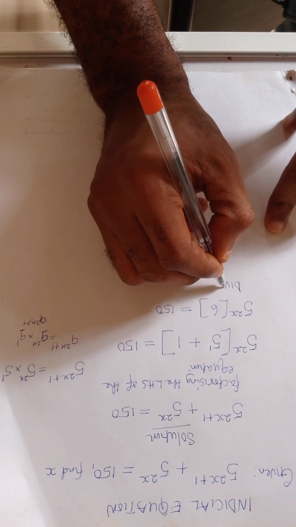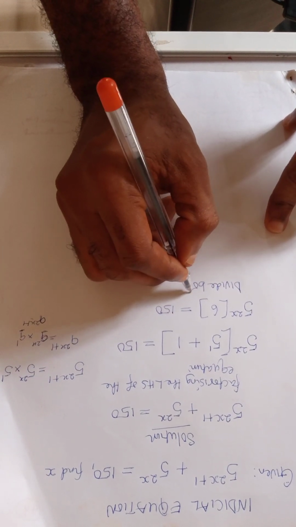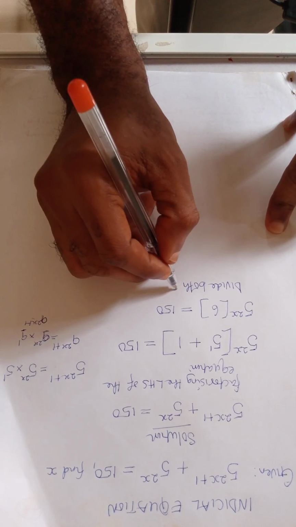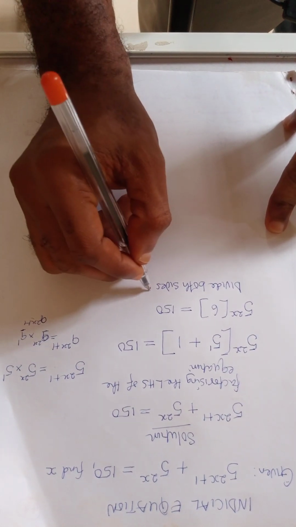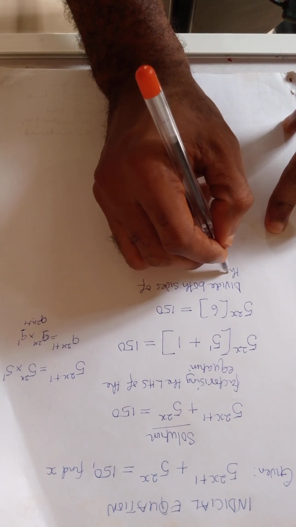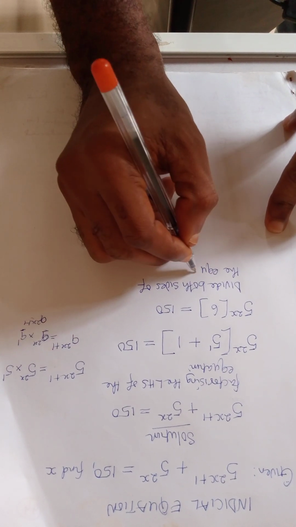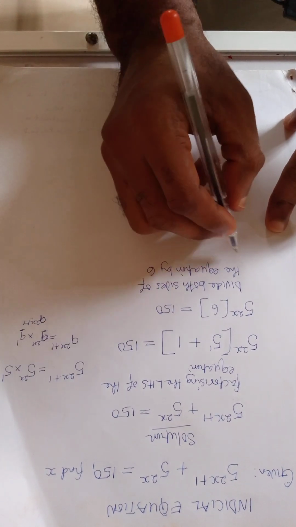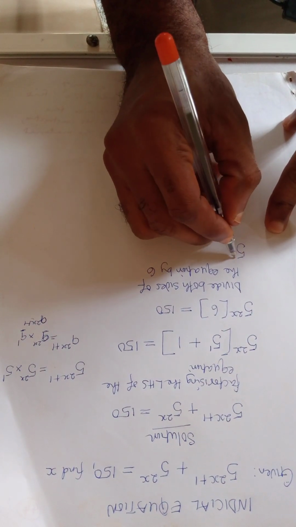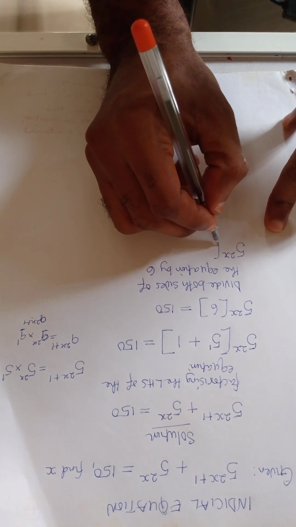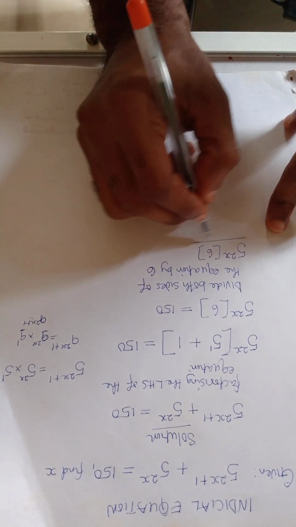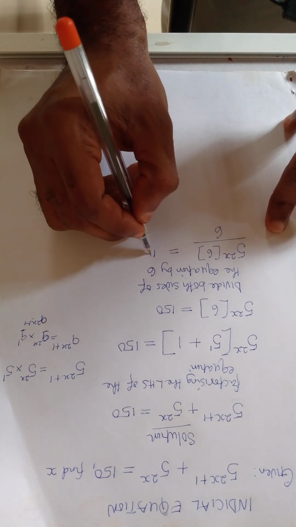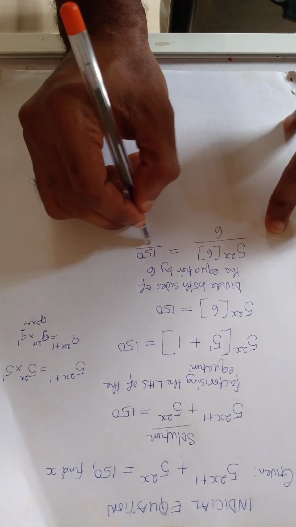So we say divide both sides of the equation by 6. So we are going to have 5 raised to power 2x into 6 divided by 6 equal to 150 divided by 6.